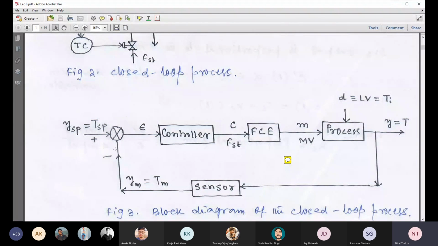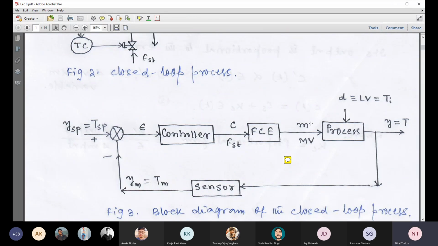This is the comparator. Comparator output is error signal. This is error signal. It is going to the controller. This is the controller block. Controller output is basically implemented through the final control element. This is the final control element, which is nothing but a control valve. And naturally that is going to implement the manipulated variable.